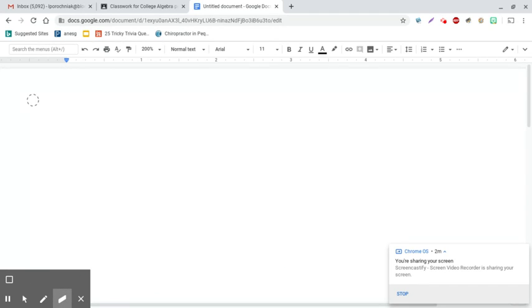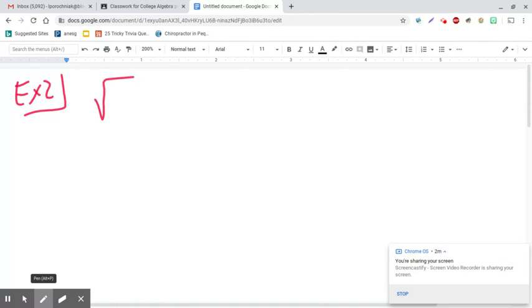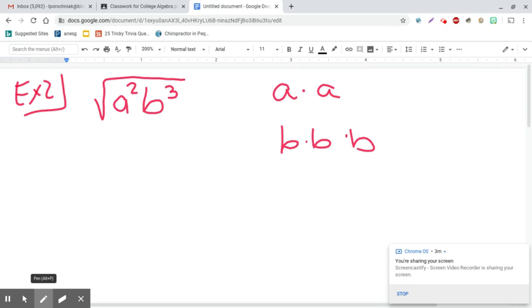Example 2. Now we're going to find the square root of a squared b to the 3rd. Now we're working with 2 variables, so we're just going to do them separately. You have your 2 a's and you have your 3 b's, and we're looking for pairs.